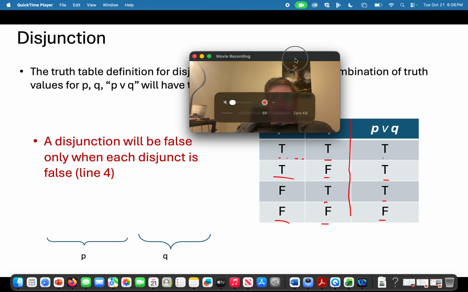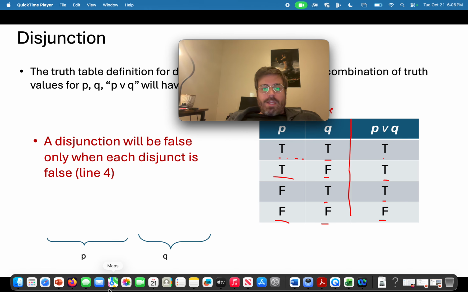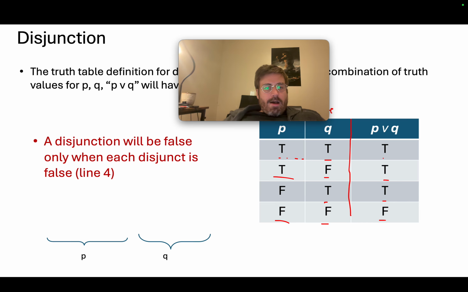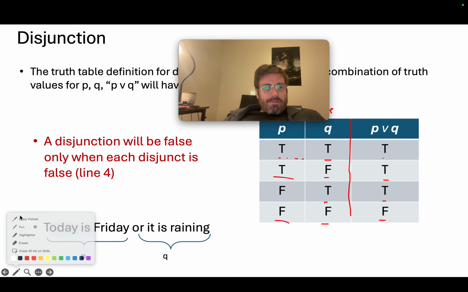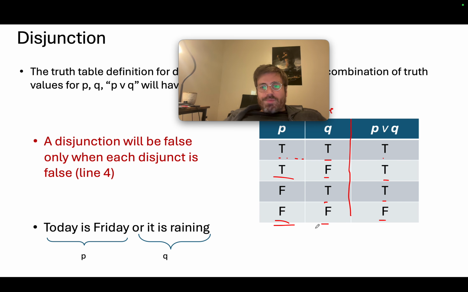They are true in every other instance. So only on that final row do I have a false disjunction, right? I have two false values for P and Q on the fourth row of the reference table, and so wedge is false in the fourth row. In every other instance, wedge turns out to be true.